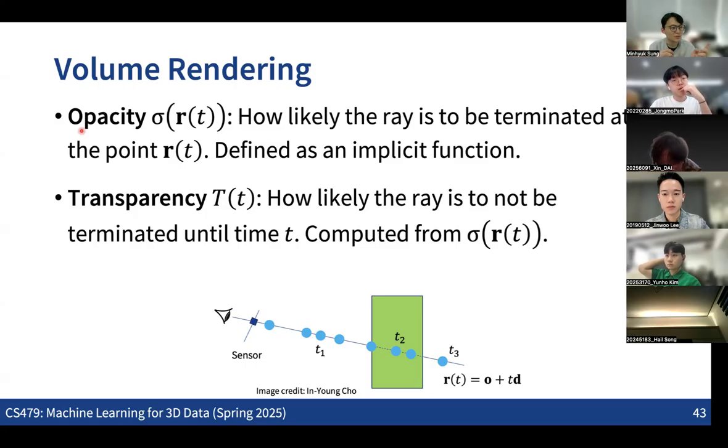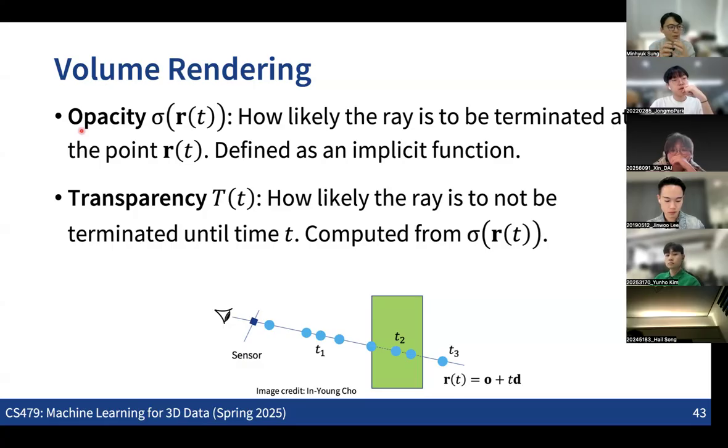And the transparency is a different thing. When we talk about the opacity, we only care about the ray at a certain point, whether the ray will stop at this point or not. But we also need to consider whether the ray will not stop at any point before this point. That's the transparency.